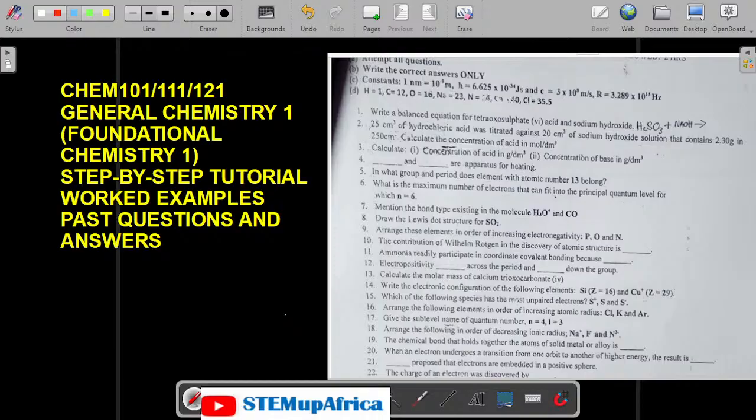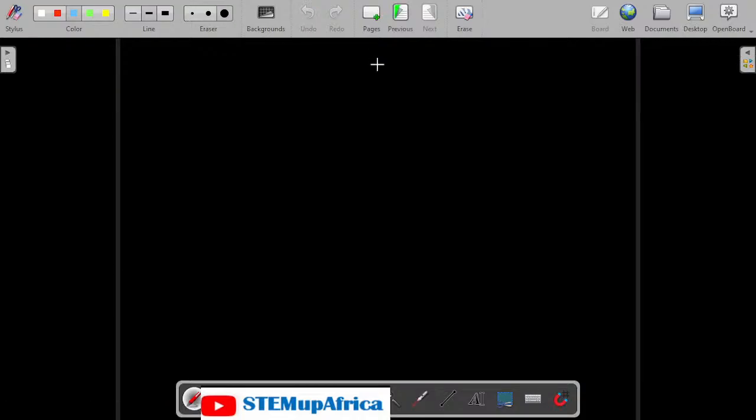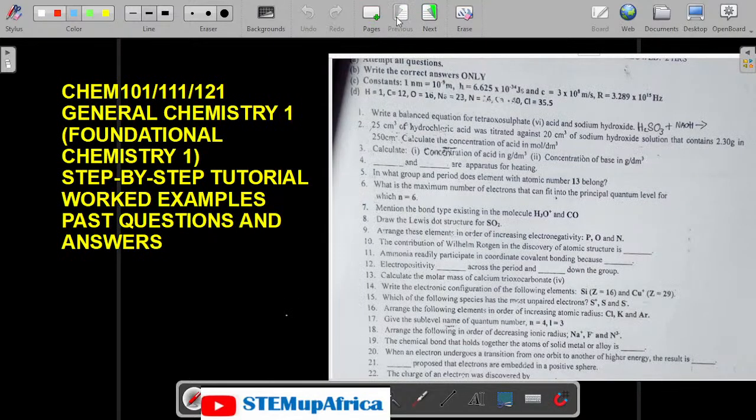Like the tetraoxosulfate 6 acid, which is H2SO4. That is the correct formula.